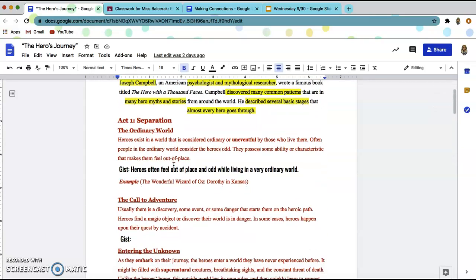The ordinary world talks about heroes feeling out of place and odd. Okay, so this one's kind of easy. I'm going to do the ordinary world as my stage because it talks about him feeling odd, and they possess an ability or characteristic that makes them feel out of place.